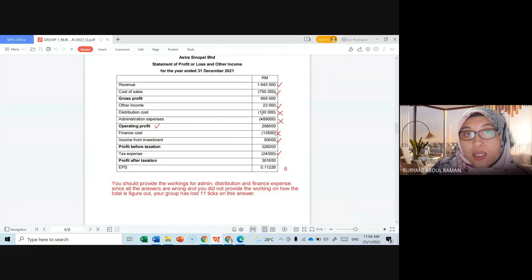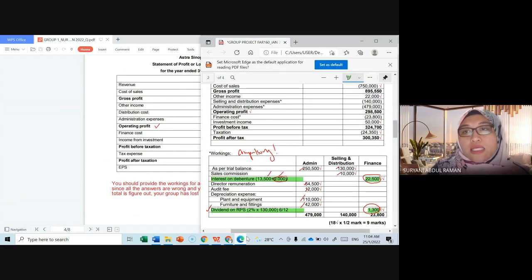See this? You have a distribution cost of 130, the admin expenses 489,000 and a finance cost of 13,500. These are the answers, right? The admin should be 479,000.